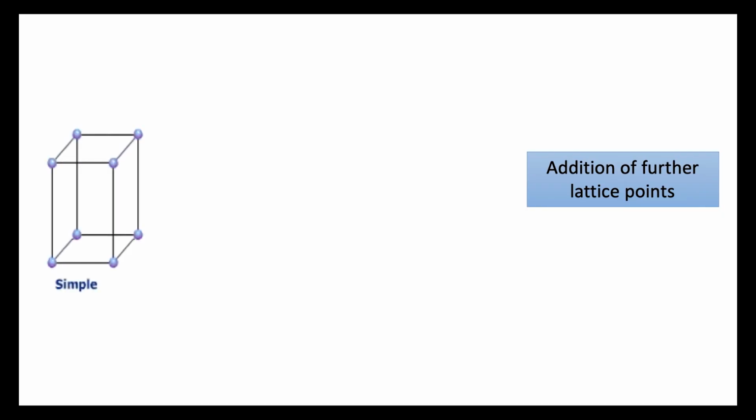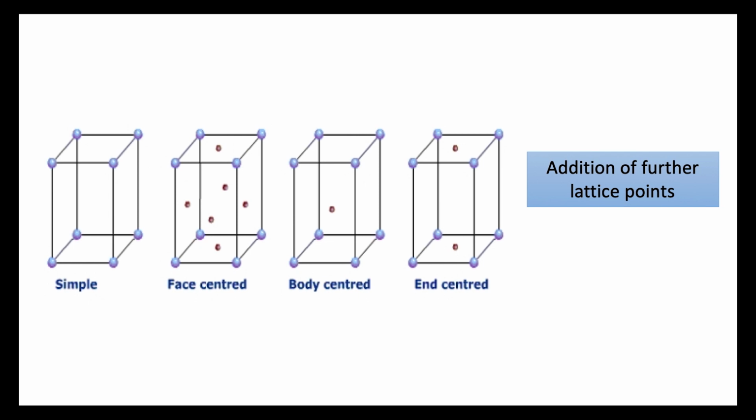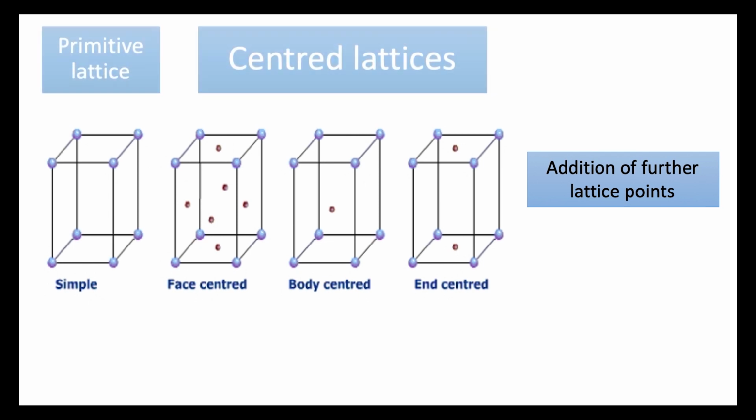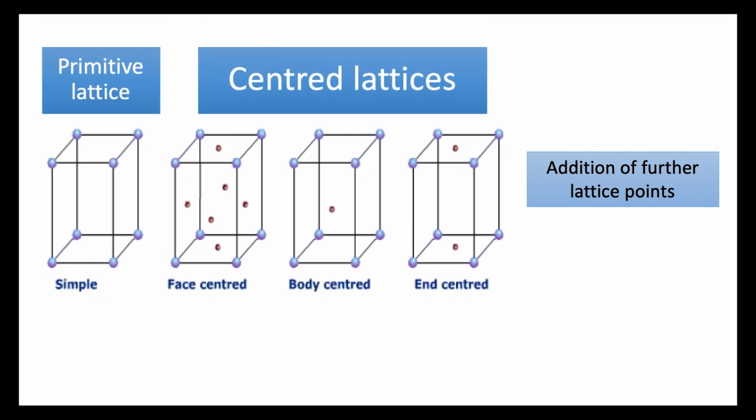Adding further lattice points to the primitive cubic lattice, we get the face centered, body centered and end centered lattices. And these are called the centered lattices. Thus, there are 4 kinds of centerings, the 3 centered lattices and 1 primitive lattice.